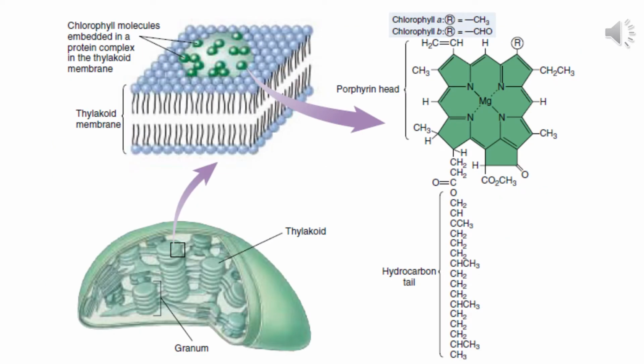So, where are these pigments present? At those areas of the cell where the light reaction takes place. You have studied that chloroplasts are the plastids where photosynthesis takes place. In the figure at the bottom, you can see a chloroplast.